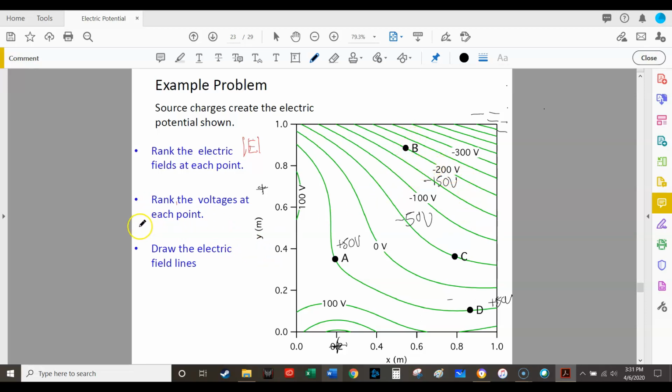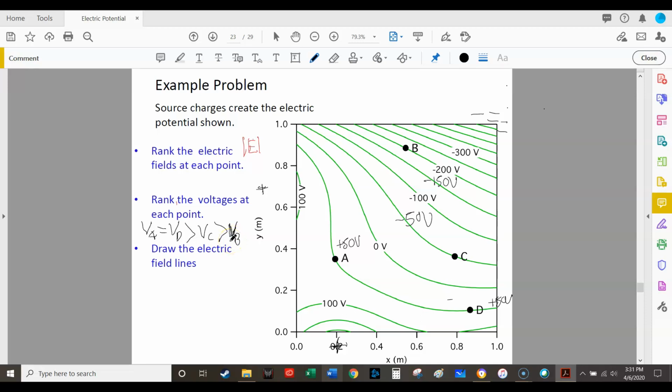So it looks like V sub A is equal to V sub D, and they're both positive 50 volts. They're both equal to each other and greater than C, which is negative 50 volts, and then greater than B. All right, so those are the heights.